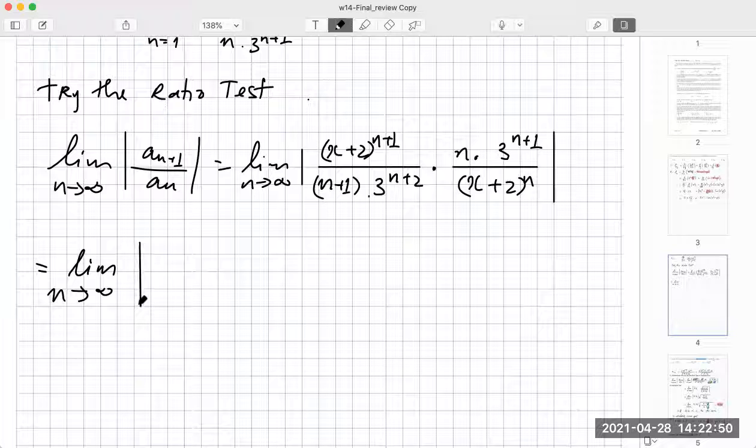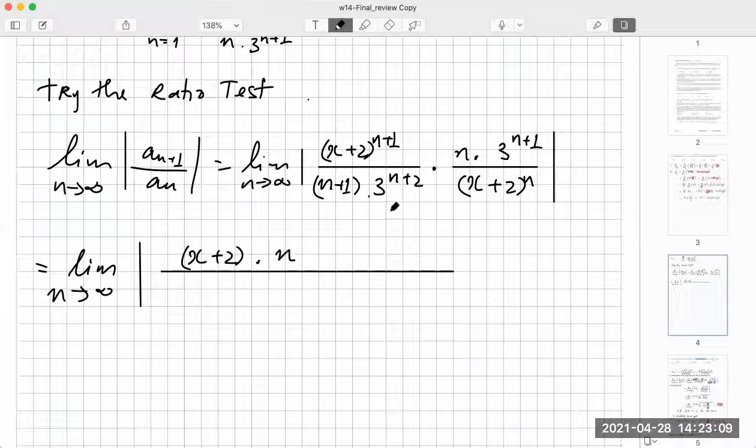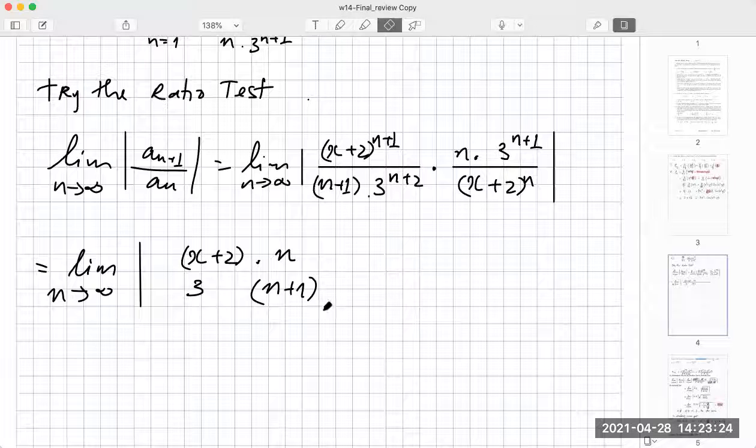If you don't know how to do this, write it out explicitly and slowly, and rearrange the like terms so that you can observe better. (x plus 2) to the n cancel each other, leaving x plus 2 here. 3 to the n plus 1 cancels with 3 to the n plus 1 in the denominator, leaving us 3. And in the denominator, there is the term n plus 1. Okay, that's it.